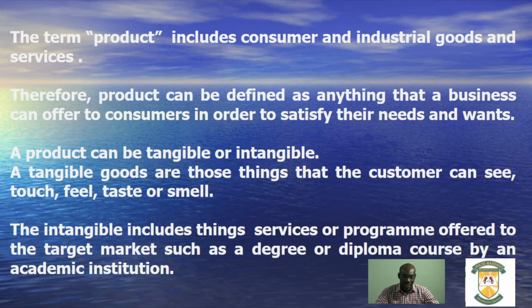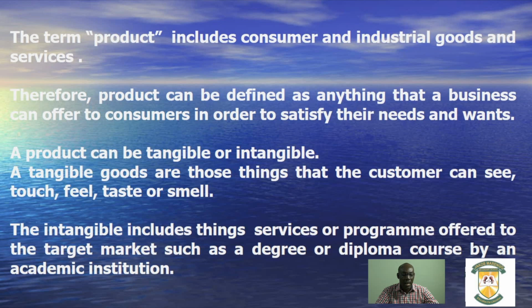But for our class today, we are going to limit ourselves to the first P, which is the product. Again, it's good for you to understand what a product means. A product includes anything that the consumer is offered. Whatever is offered to the consumer is a product.